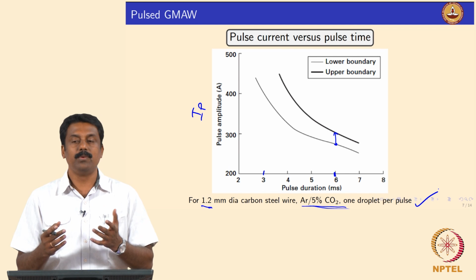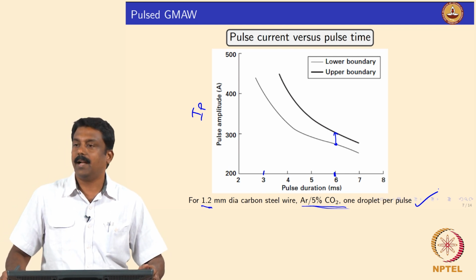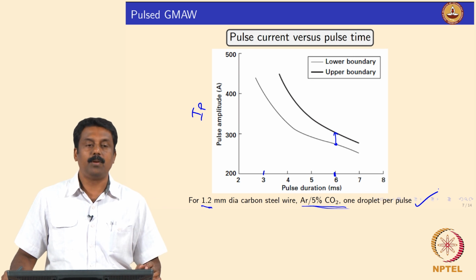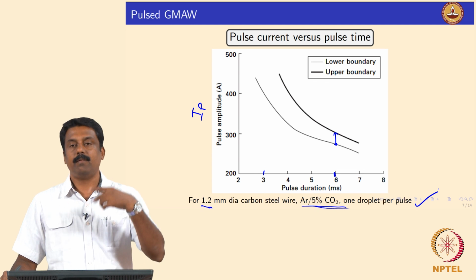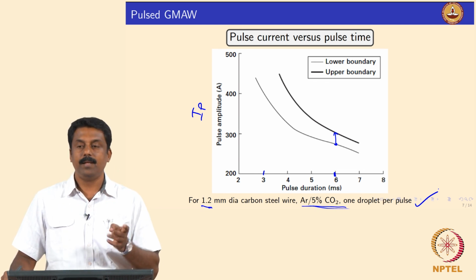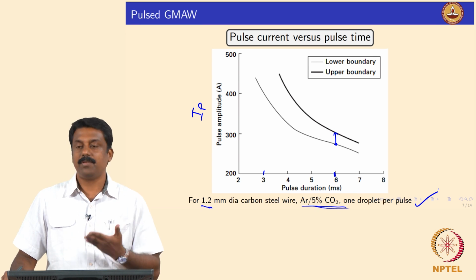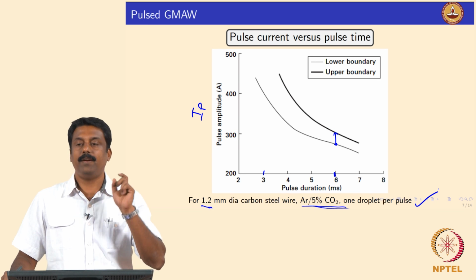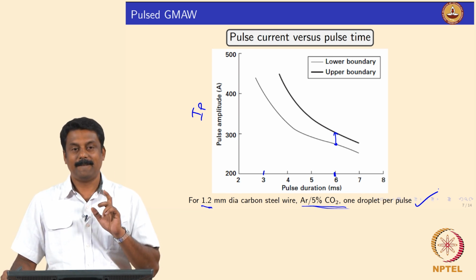The power source can choose, suppose if it wants to use a mean current of, for example, 200, then it has to calculate what will be IP and TP, IB and TB for a given IM, so that it gets one droplet per pulse. Immediately it does all the calculations and identifies the wire feed rate to maintain a constant arc.